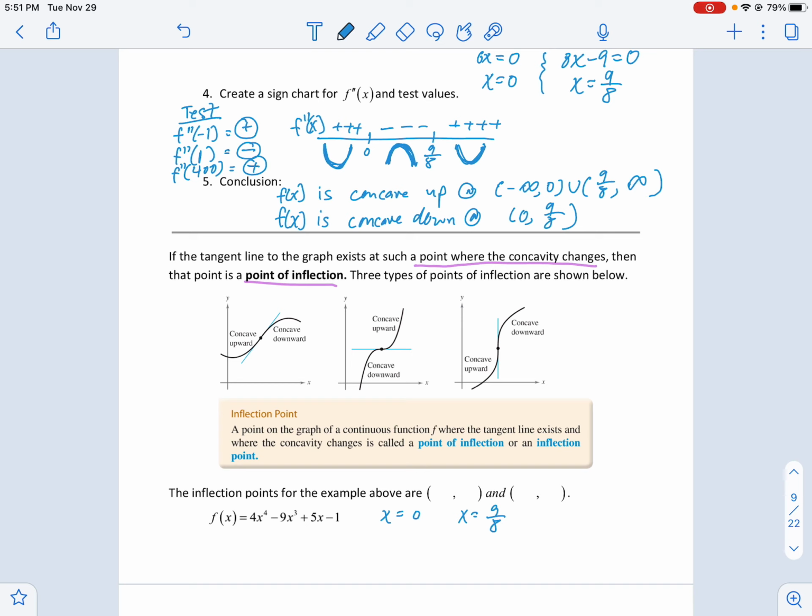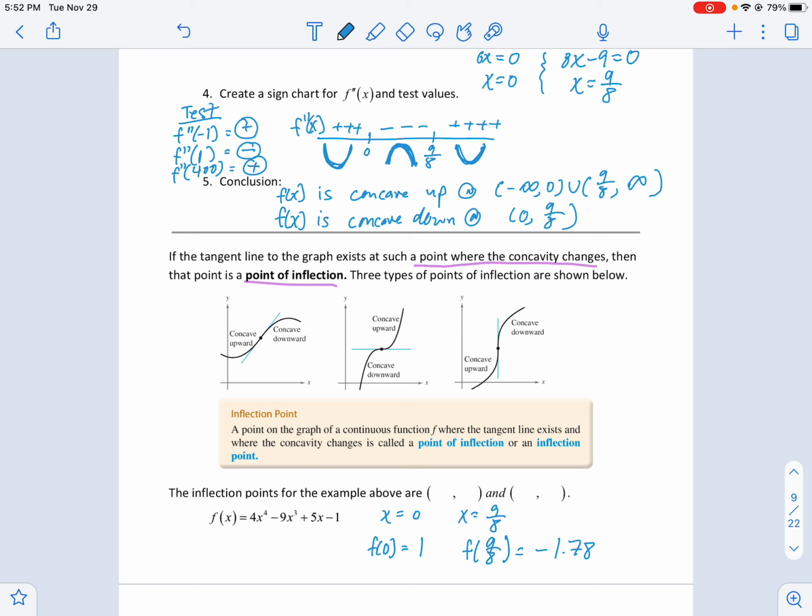Now you can use a calculator to do this. I've already done it, but see if you can do it as well with your calculator. But you should get f of 0 equals 1, and f of 9/8 gets you negative 1.78. So those are our y values of our inflection points.